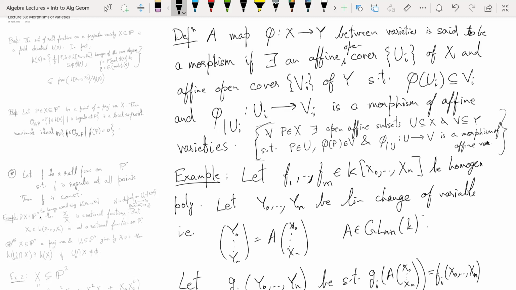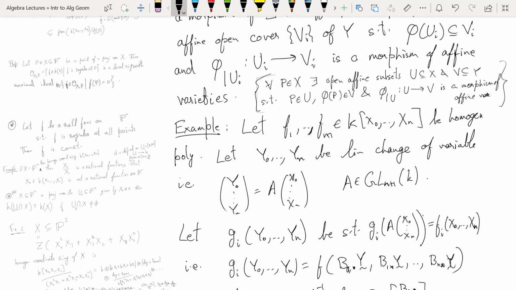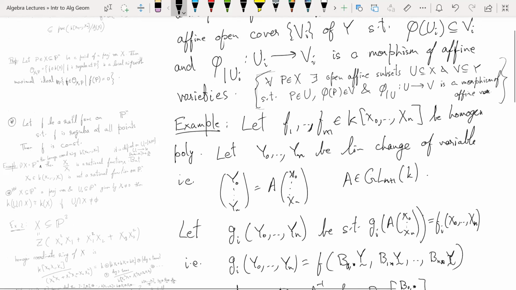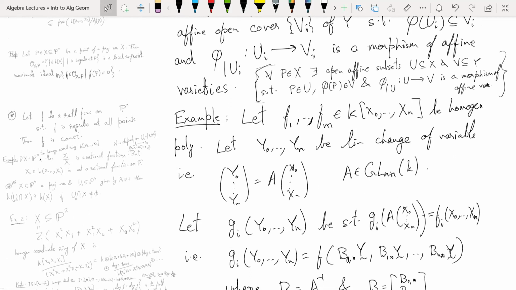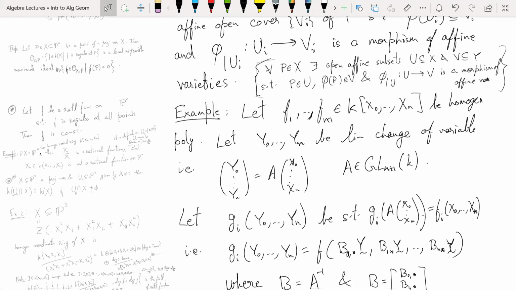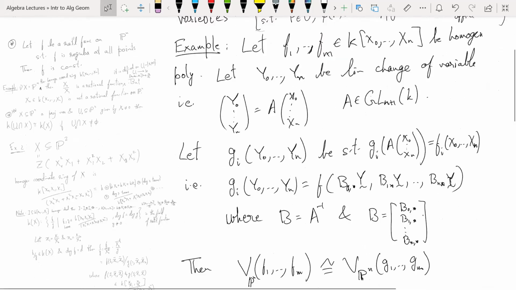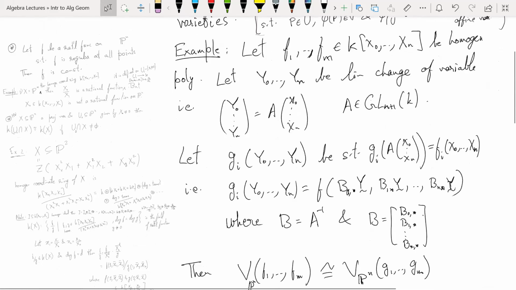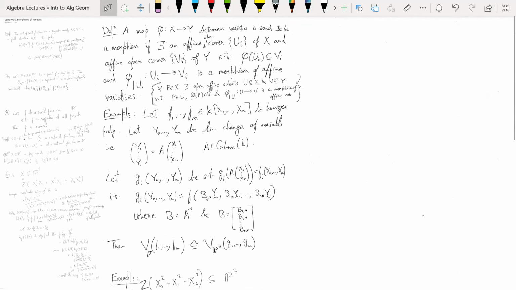Let's start with something even more elementary. For instance, I want to give a map from P1 to P1.